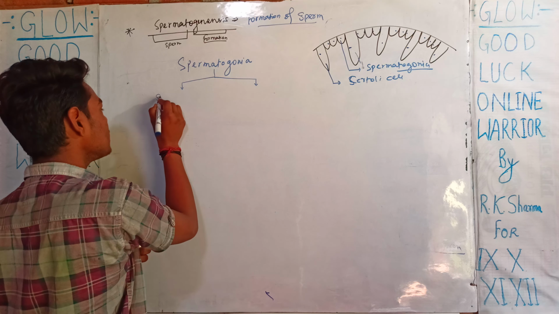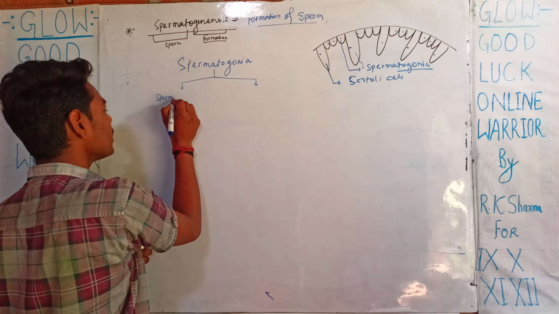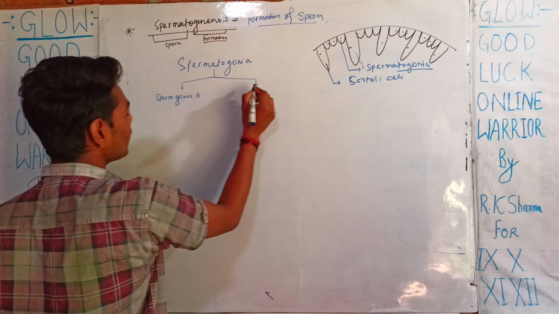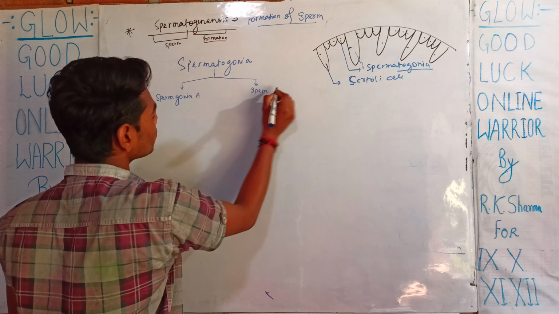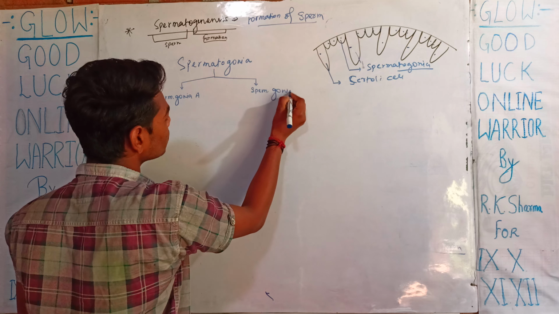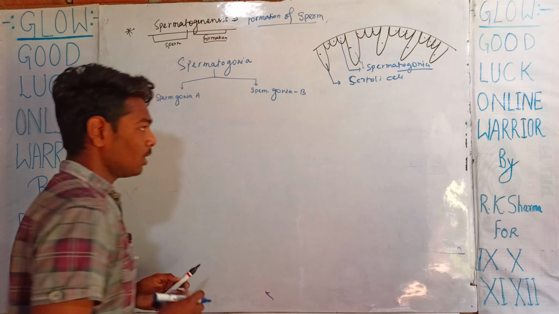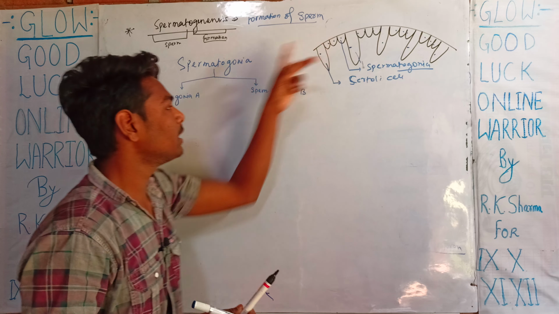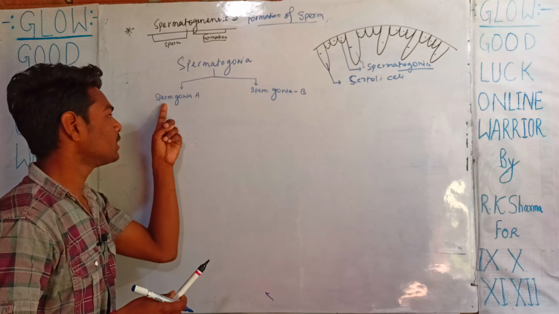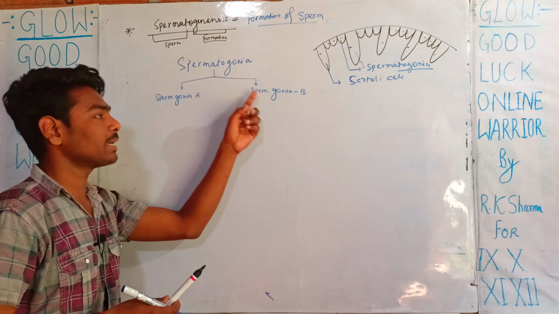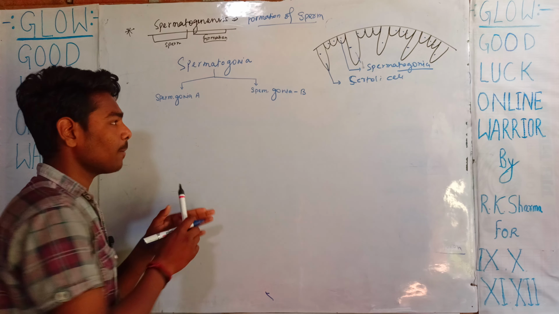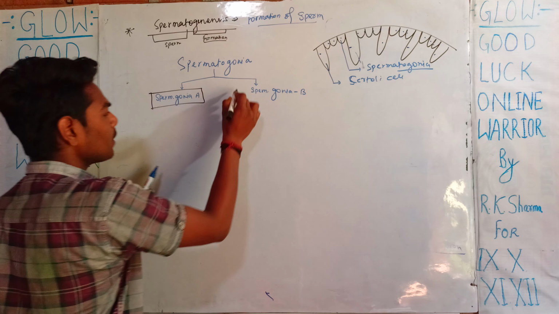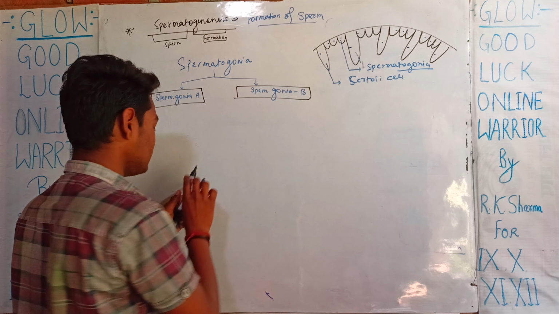The first is known as spermatogonia A, the second is spermatogonia B. Spermatogonia A has a different role and spermatogonia B has a different role.